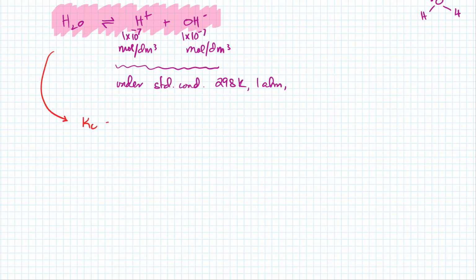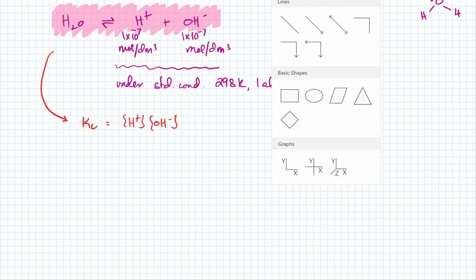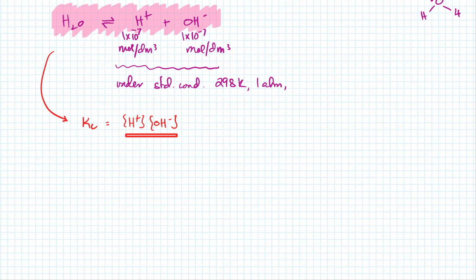Kc is the product concentration, which is H plus 1 times OH ions, divided by the water concentration. So product over reactants. You get this Kc expression.